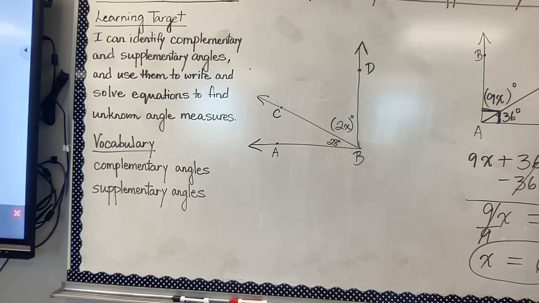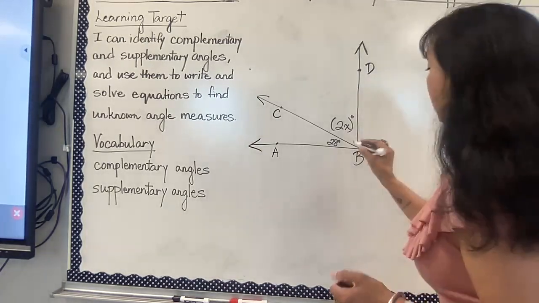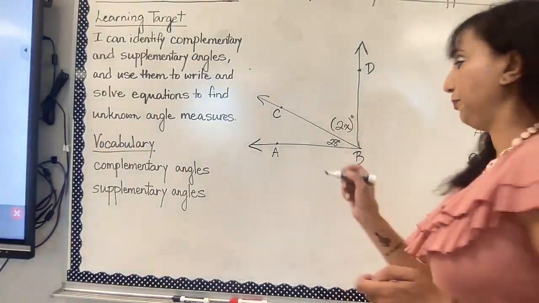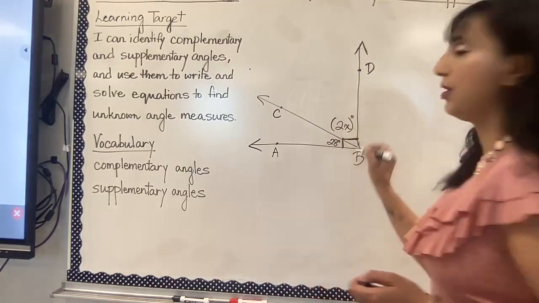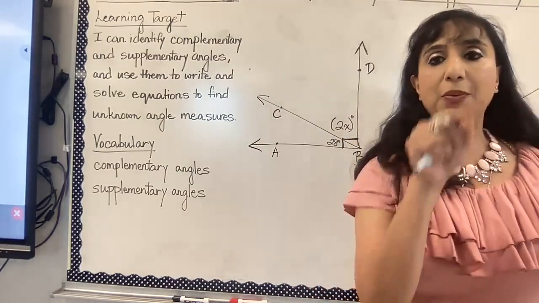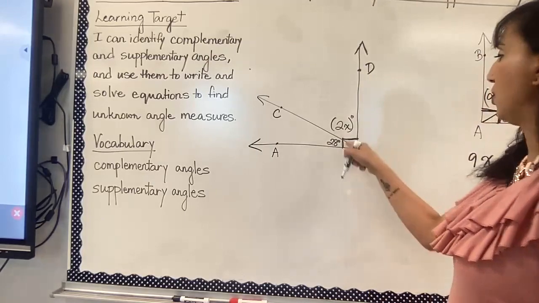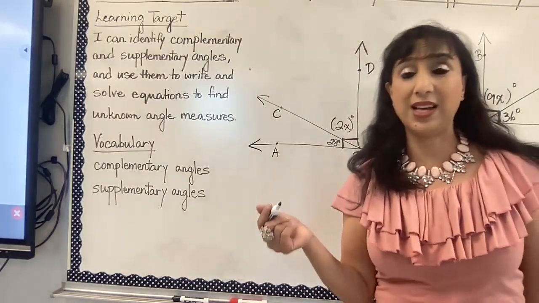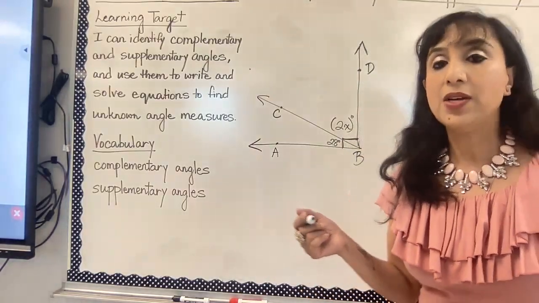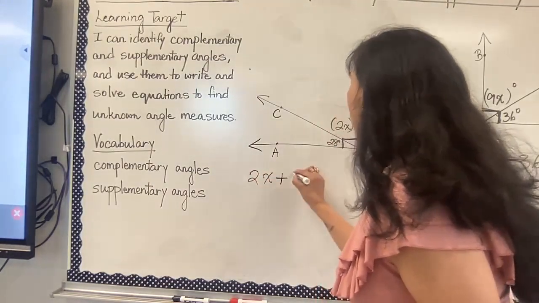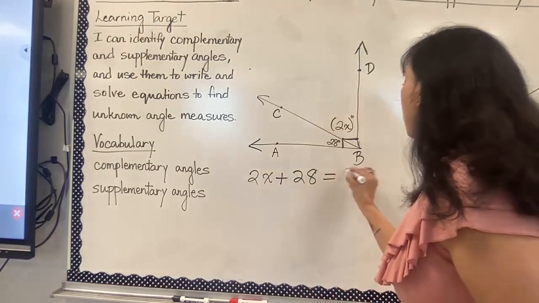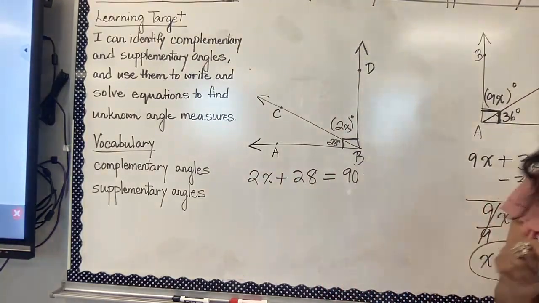We are going to add those two measures up, because I know that in complementary angles, the sum of two angles is equal to 90 degrees, right? And whenever I put a little box like this or a square, that just signifies that it is a 90-degree angle. So we have 2x plus 28 will equal 90 degrees.